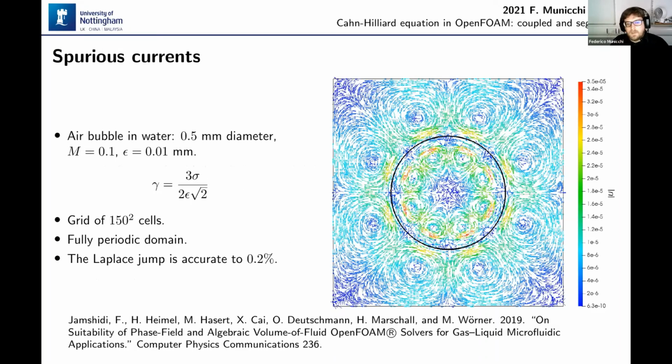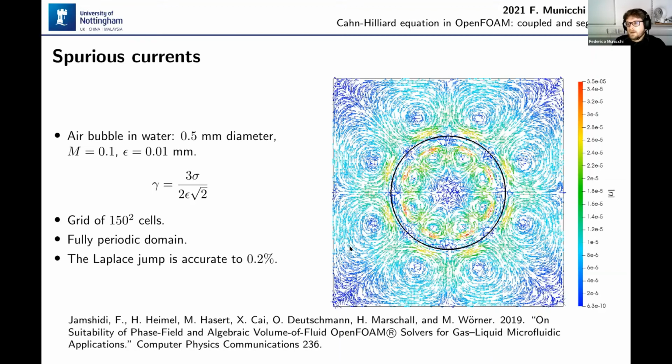One thing I was particularly interested in is the effect of this on the spurious currents. I was running some tests with the spurious currents when I found this article from the group of Marschall and Warner. They used the phase field, which is completely explicit, and they obtained very nice, very low values for the spurious currents.